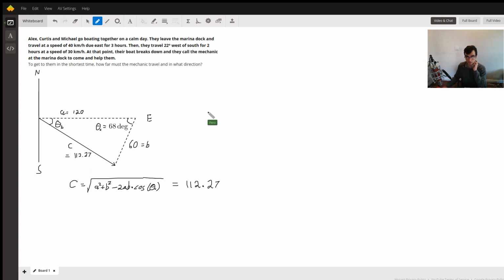So according to the sine law, the sine of 68 degrees, which is our theta C, over the length of the side C, which is 112.27, pardon my handwriting, is equal to the sine of our angle x, which is this theta B, over the side length of that corresponding side, which is 60.